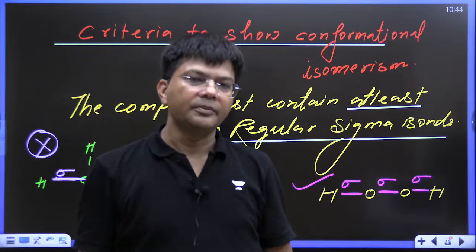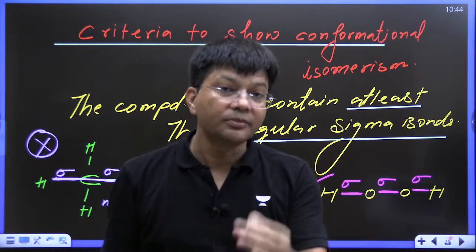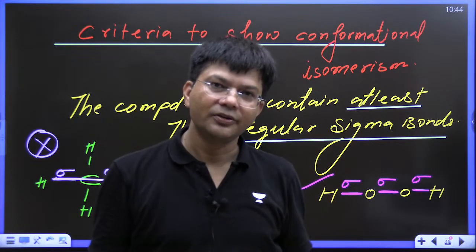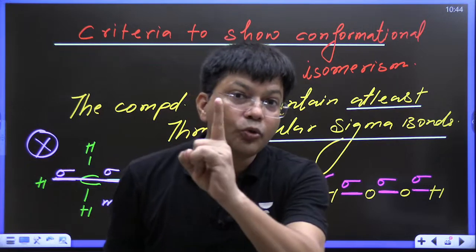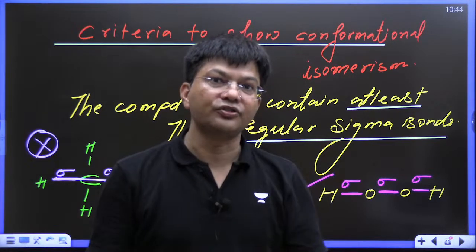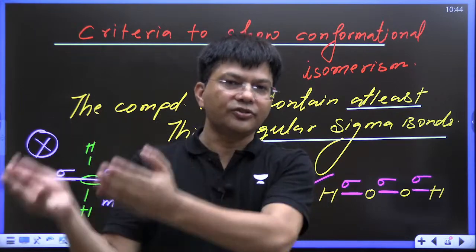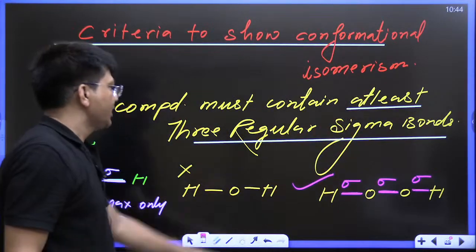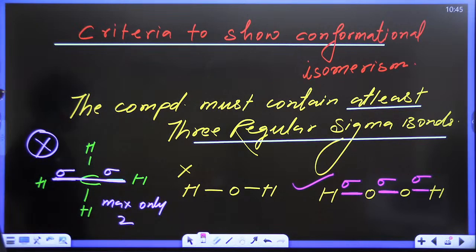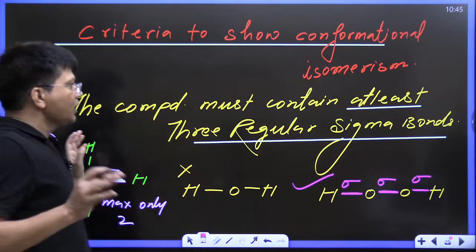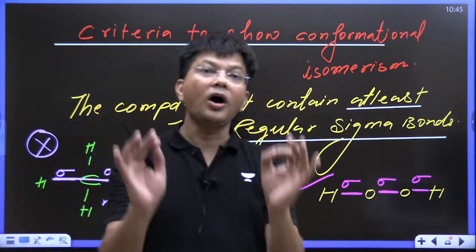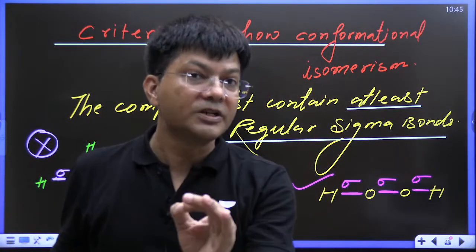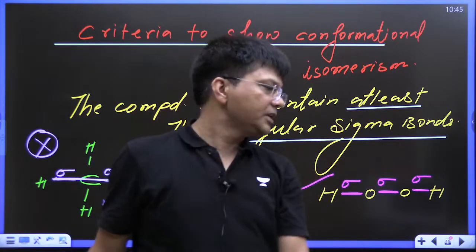In your inorganic chemistry you must have studied, kids, that H2O2 has a number of structures, open book like structure, this structure, that structure, and that is the conformational isomerism of this compound. Kids, are you able to understand or not? Do let me know. Now all the compounds, means all alkanes, will show conformational isomerism except methane.